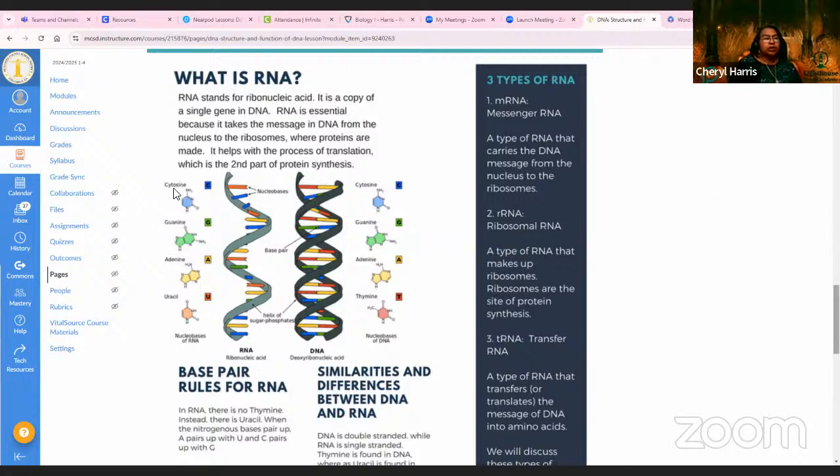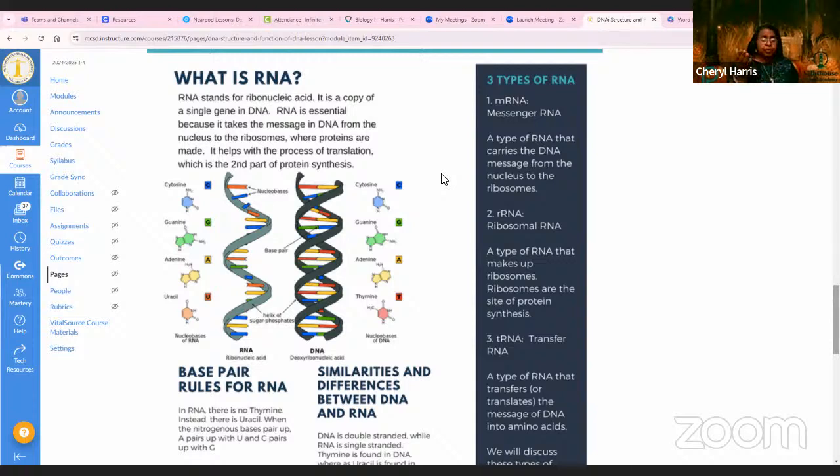If we're looking at DNA and RNA side by side, one of the things that she talked about is that DNA is made up of a sugar called deoxyribose, and it's called deoxyribose because it's missing an oxygen. That's for the deoxy part. So one of the differences is the type of sugar that it includes. DNA has deoxyribose, RNA has ribose. That should be easy to remember by the starting letters, D and R. Okay, that's the sugar that they're made of.